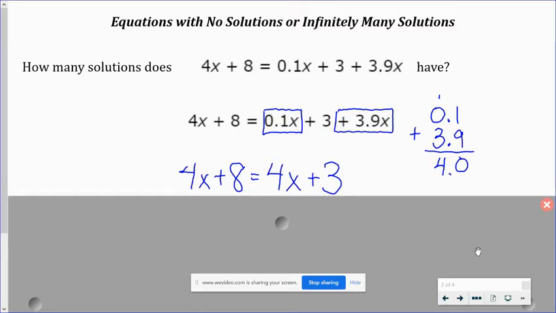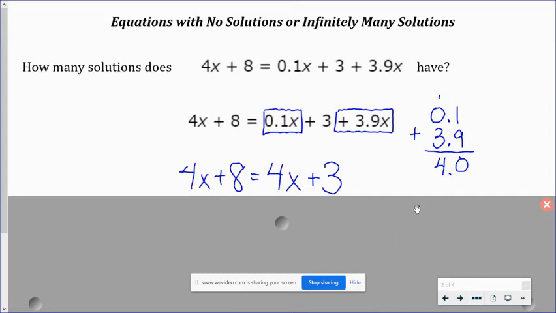When you see an equation that has something such as 4x's on the left and 4x's on the right, however, you have 4x plus 8 on the left, and then 4x plus 3 on the right. That's not balanced.